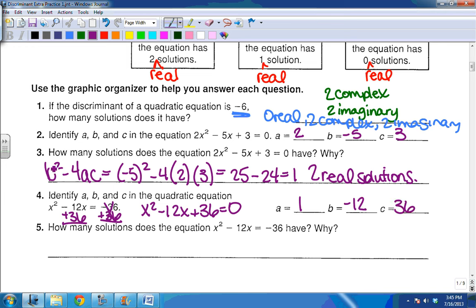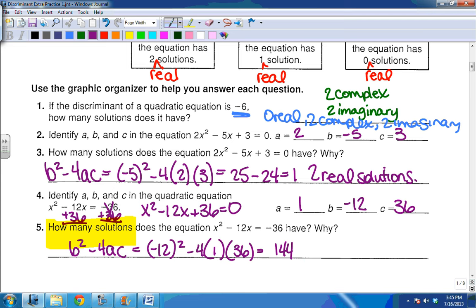From there, because it asks me how many, it doesn't ask me what are the solutions, it asks me how many. So I just need to use the discriminant, b squared minus 4ac. So it's going to be negative 12 squared minus 4 times 1 times 36. That gives me 144.